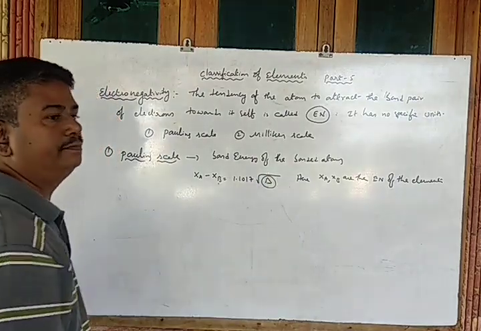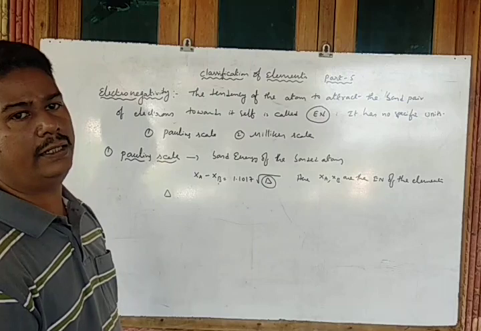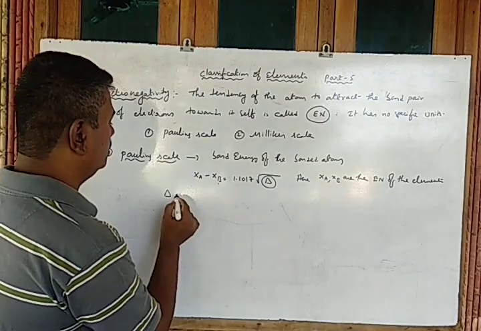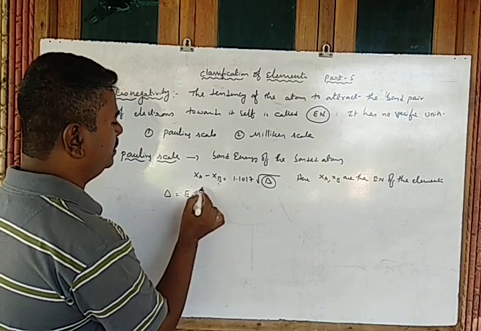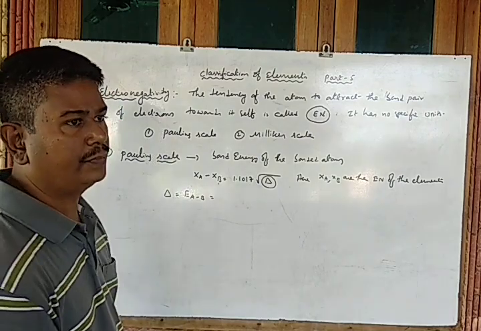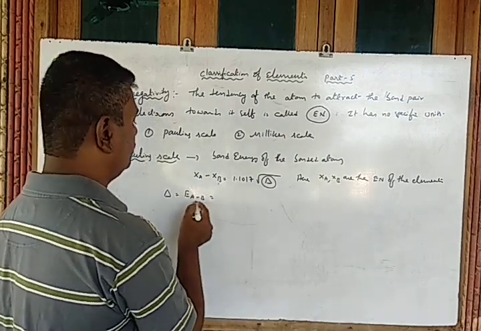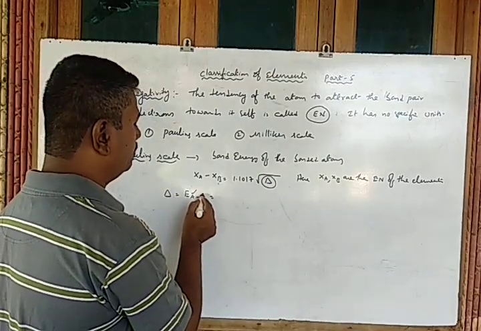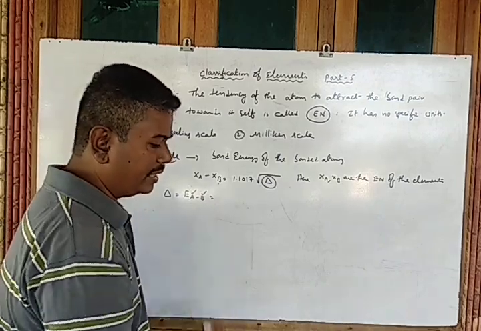What is delta? Delta is the measure of bond energy differences. That means that is EAB. Here A is an atom, B is an atom. That is the difference in the bond energies of the atoms.